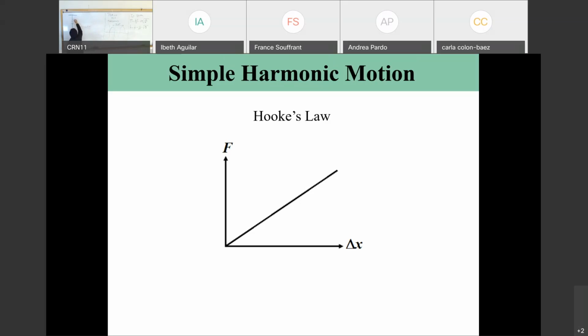So let's find the value of k. If they give you this and this, and on top of that, you're in equilibrium here. So I'm changing the problem a little bit.